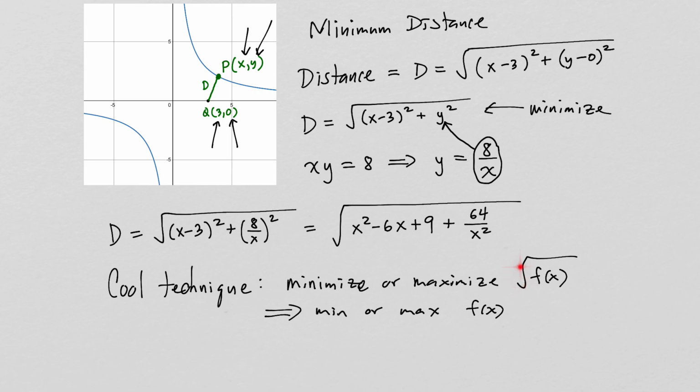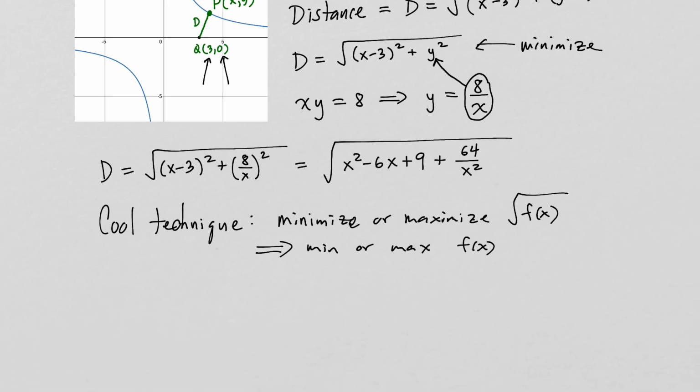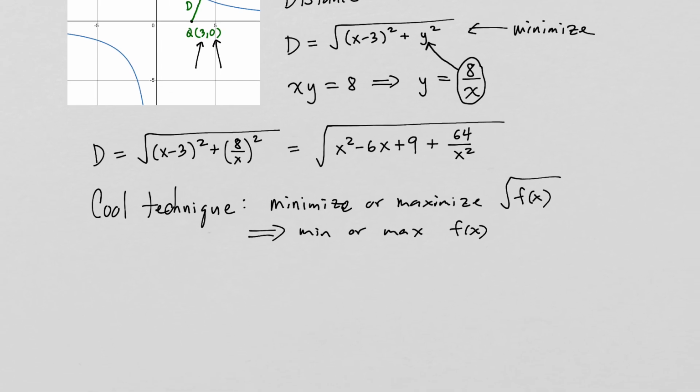If you want the square root of f of x to be as small as possible, then you need f of x to be as small as possible. And the same thing is true if you want it to be as large as possible. So the very nice thing about this is that if I want to minimize the square root of this function, it is good enough to simply minimize the function on the inside.